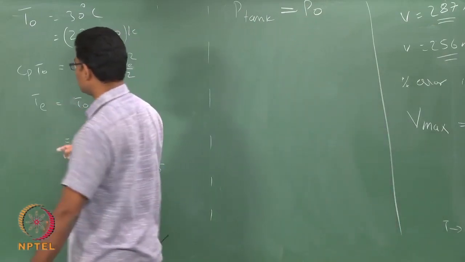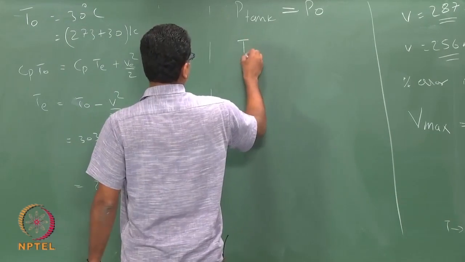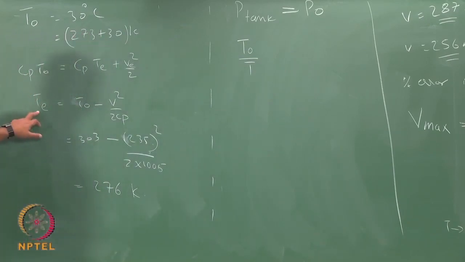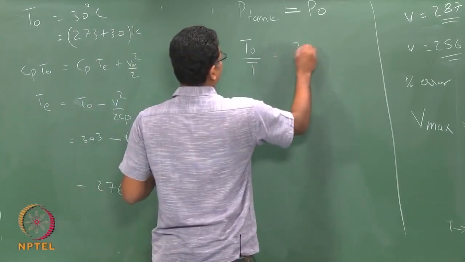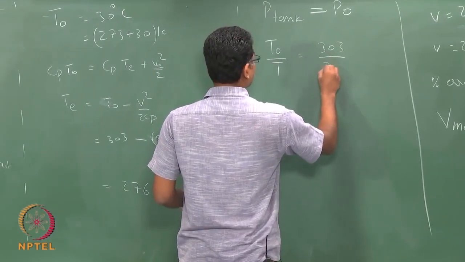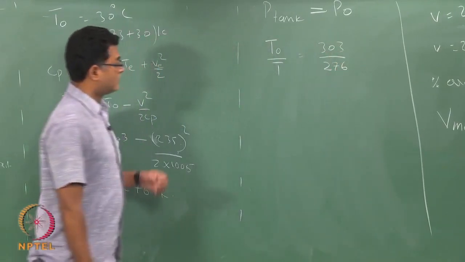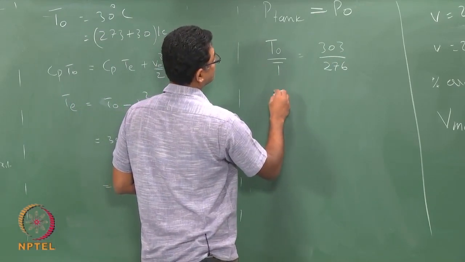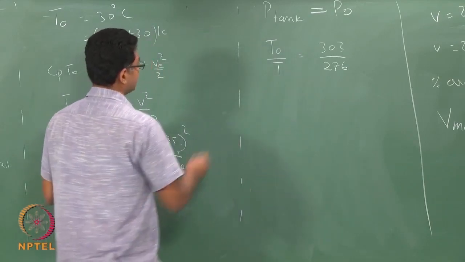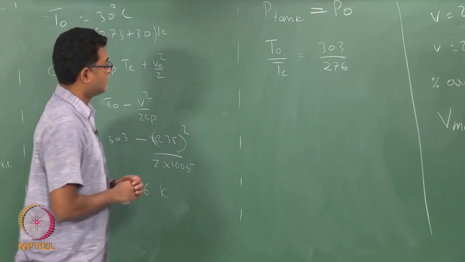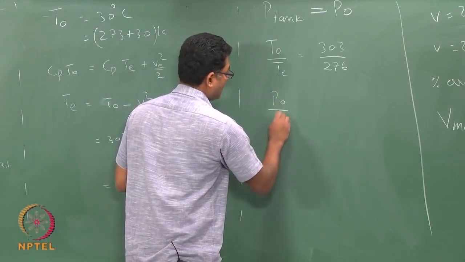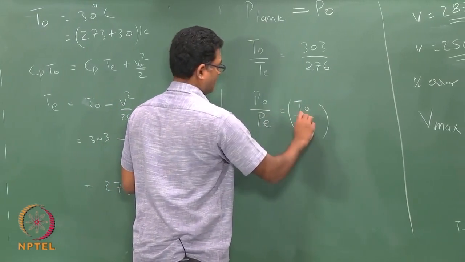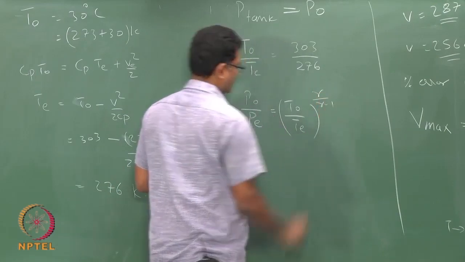So, now you have static pressure and static temperature and stagnation temperature, which is 303 by 276. Now, this is related to your pressure. So, this P is at the exit, T at the exit. So, your P0 by P exit is related to gamma by gamma minus 1.